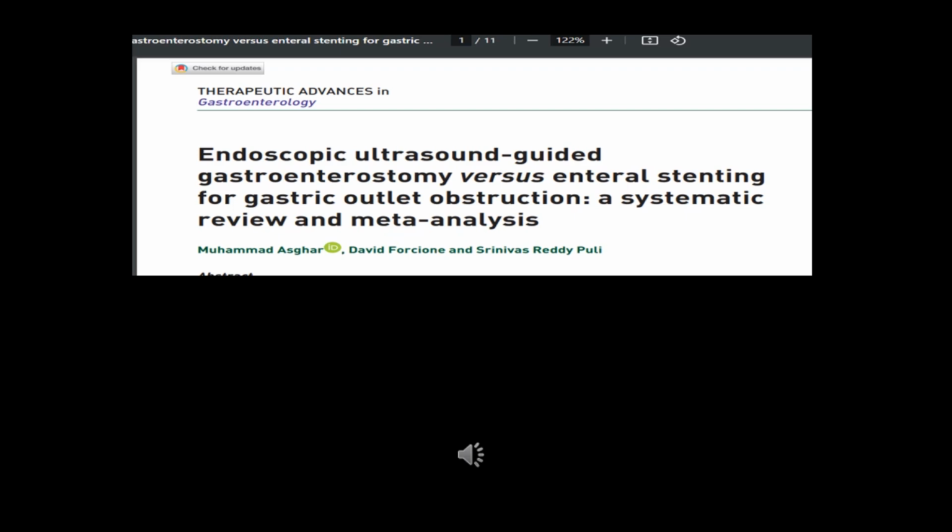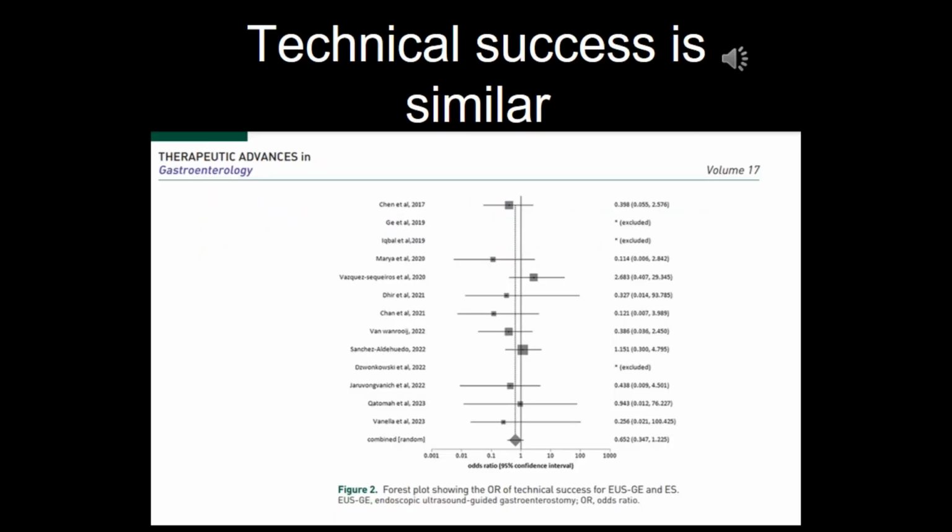This is a meta-analysis and systematic review comparing endoscopic ultrasound-guided gastroenterostomy versus enteral stenting for gastric outlet obstruction. The pooled OR of 0.65 suggests that EUS-guided gastroenterostomy may have a lower technical success.